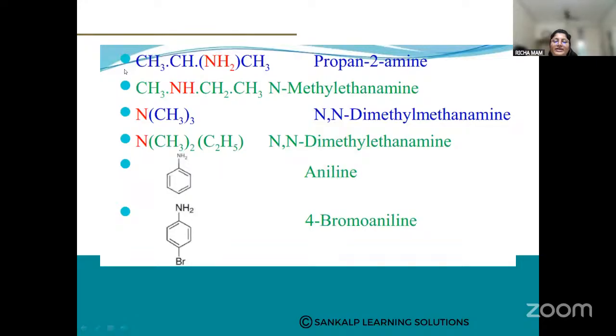Now let us see this name. What is the name? It is propane, because 3 carbons are there. And at the second position you have amine, so propane-2-amine.